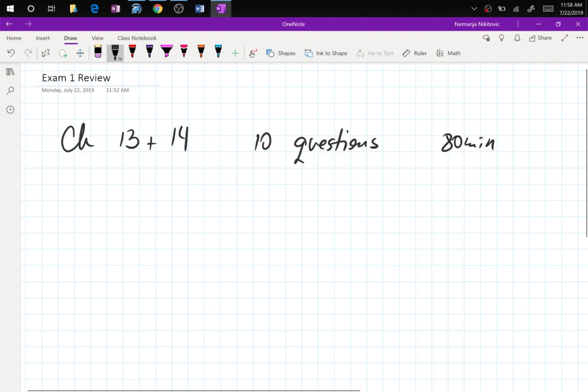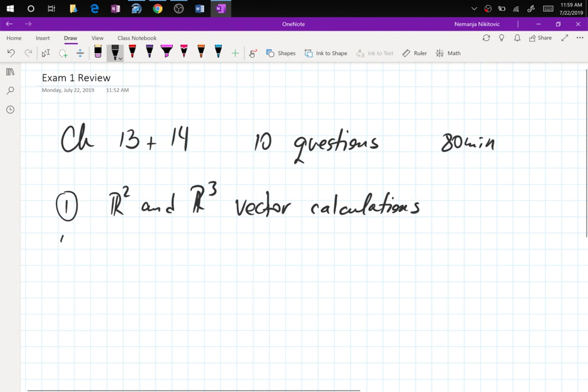Now, the topics that are covered in the exam are the ones that we covered in class. So let's just go to the list of topics. Number 1, R2 and R3 vector calculations. Number 2, dot and cross products.